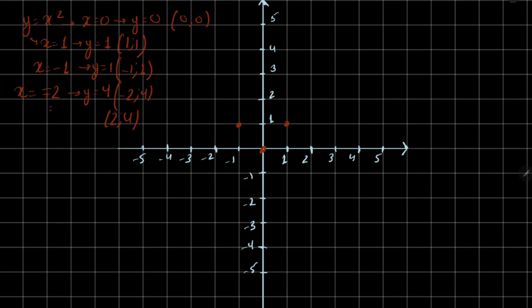Then the points will be located on the abscissa of 2 and the ordinate of 4, and the point will be plotted here, and the final point is on abscissa minus 2 and ordinate of 4, then the point will be located here. Thus, if we try to join the curve by a U shape, we will have this form.